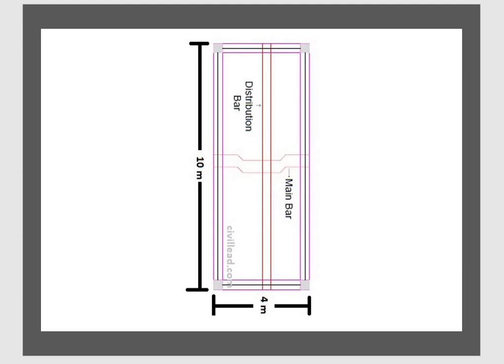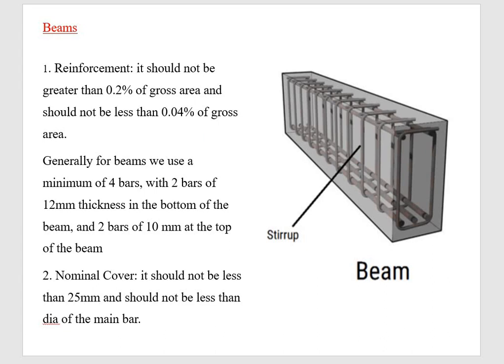The next thing is beams. We are all familiar with the dimensions of the beam, that is, the area of the beam is B into D. We know that this is how the beam reinforcement is provided.